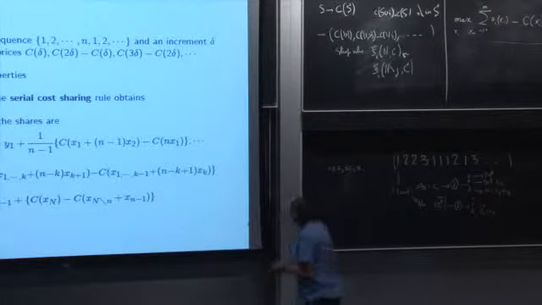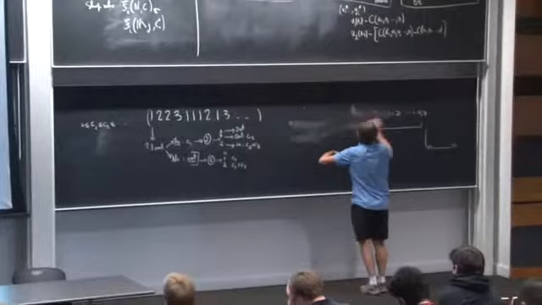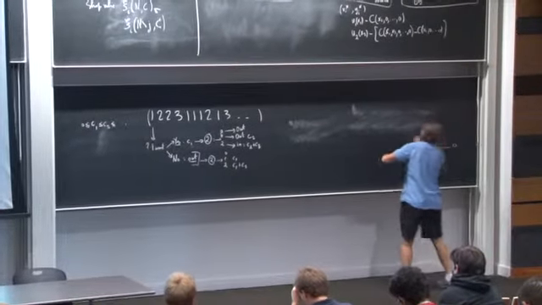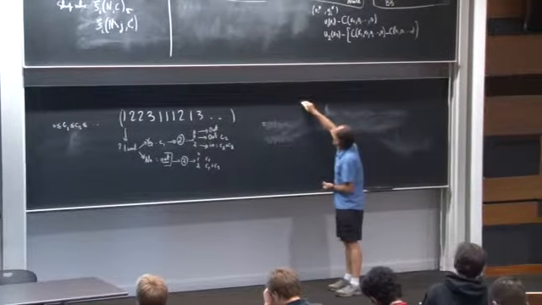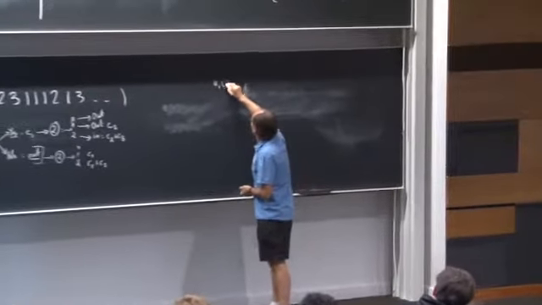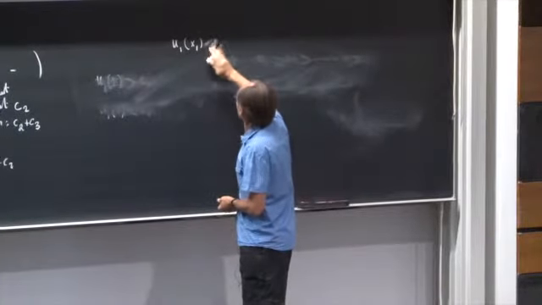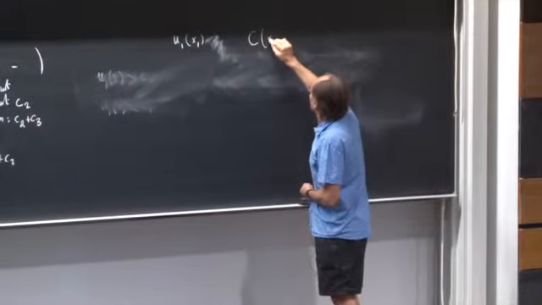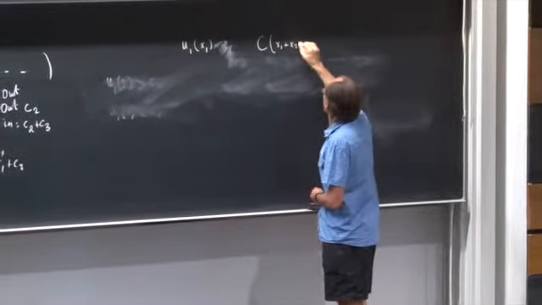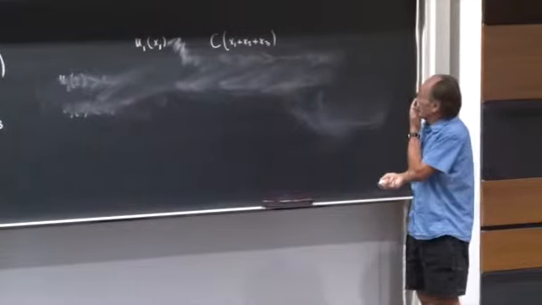So how does it work? You have the utility of the agents, U1 of X1 minus Y1, and then you have the cost C of X1 plus X2 plus X3, let's say.